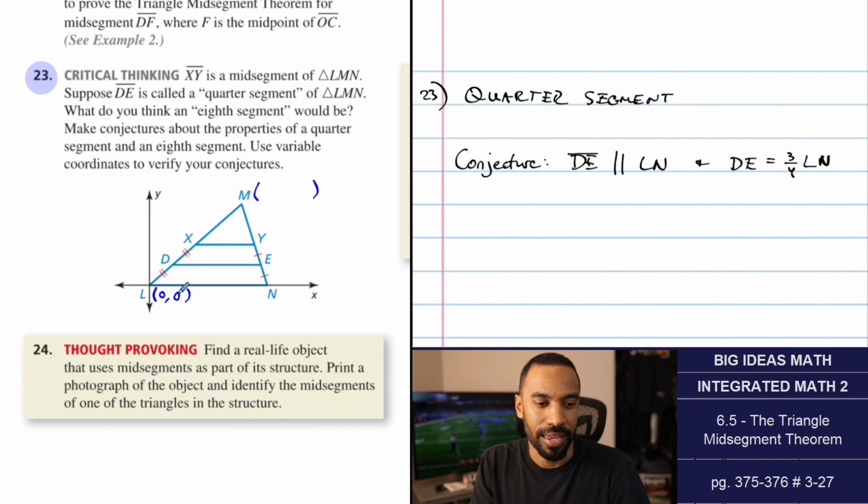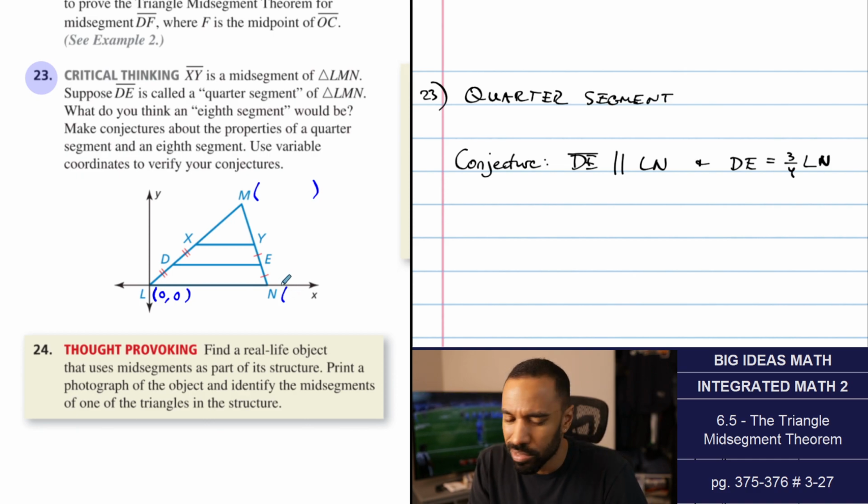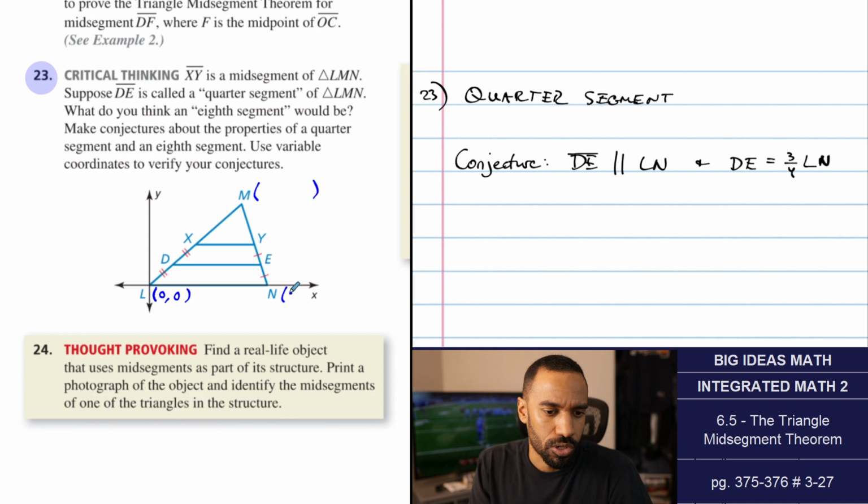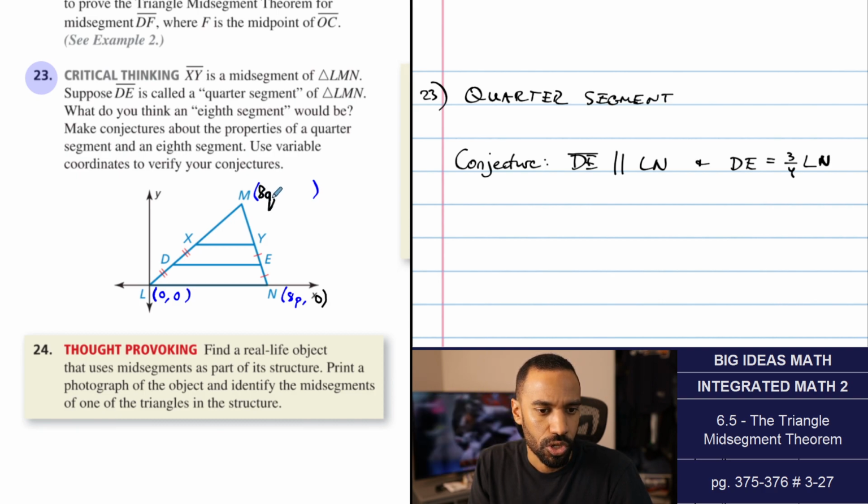I'm going to put N as, and I forget what letters. I think here they used P. So let's call N 8p, comma 0, and it gets to be 0 because it's still on the x-axis there. Now, M is at totally different variables. But I can still make them 8 times bigger. I think they use Q. So 8Q, and let's say 8R.